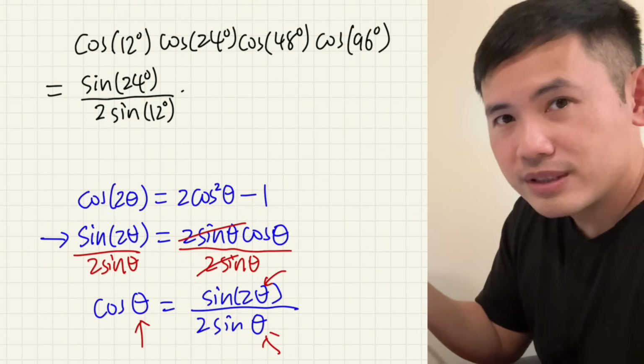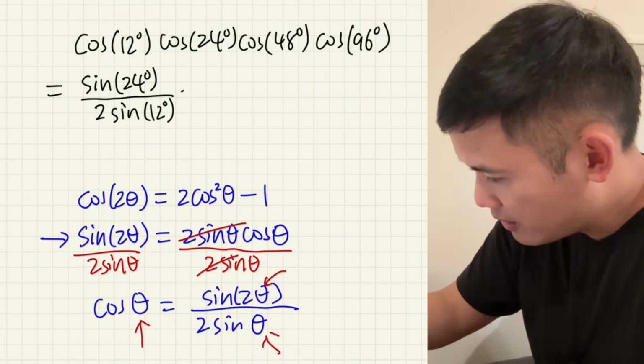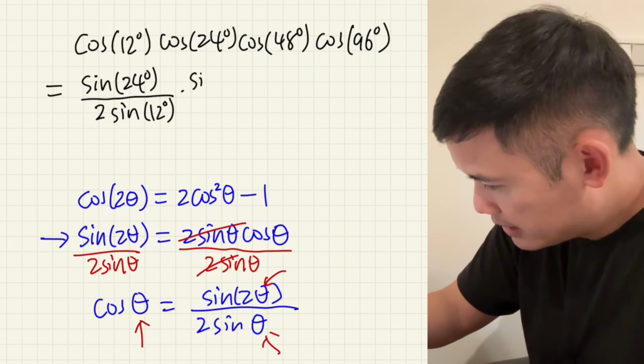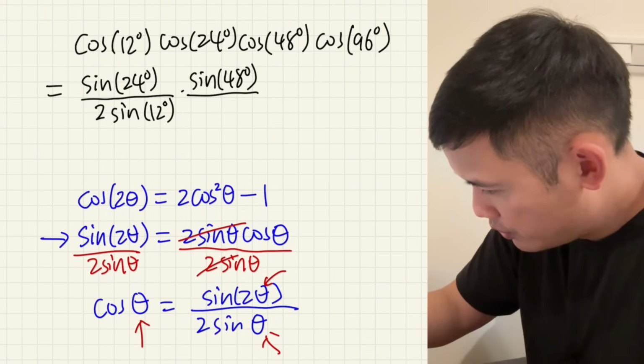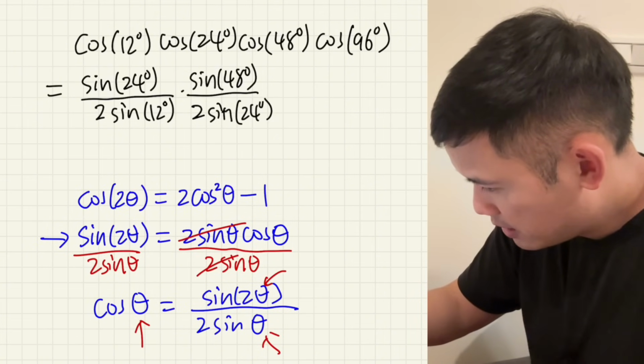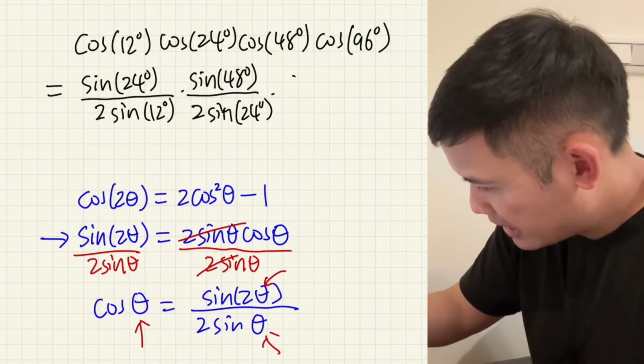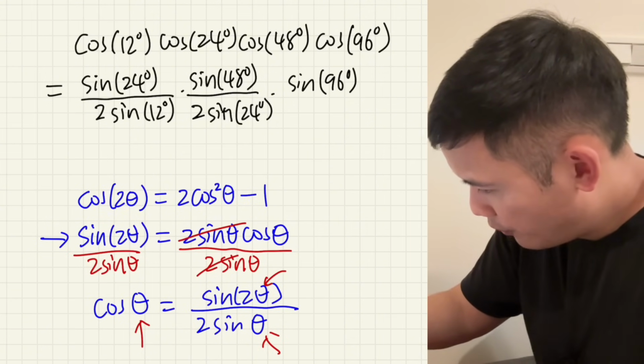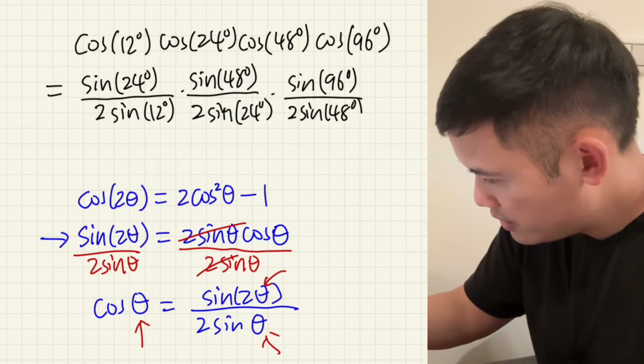Next one, cosine of 24 degrees, same thing. That will be sine of 48 degrees over 2 times sine of 24 degrees. Continue, sine of 96 degrees over 2 sine of 48 degrees.